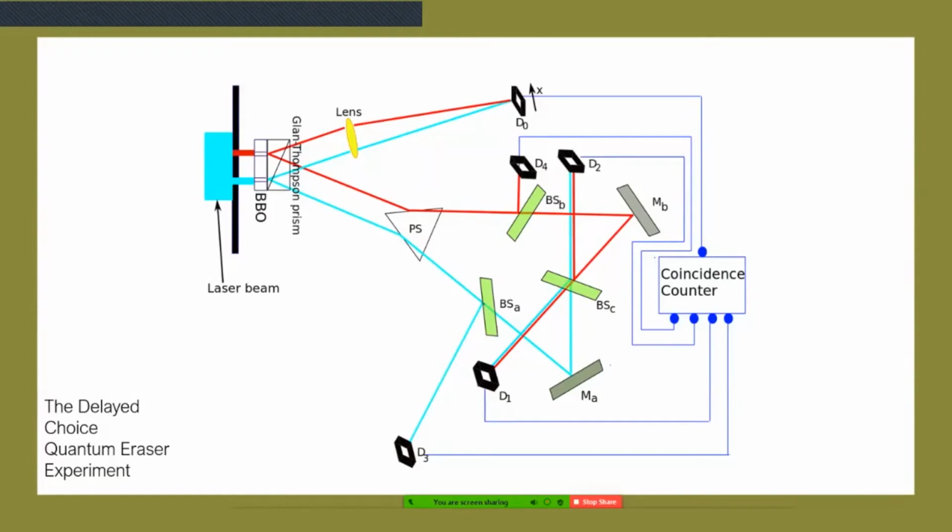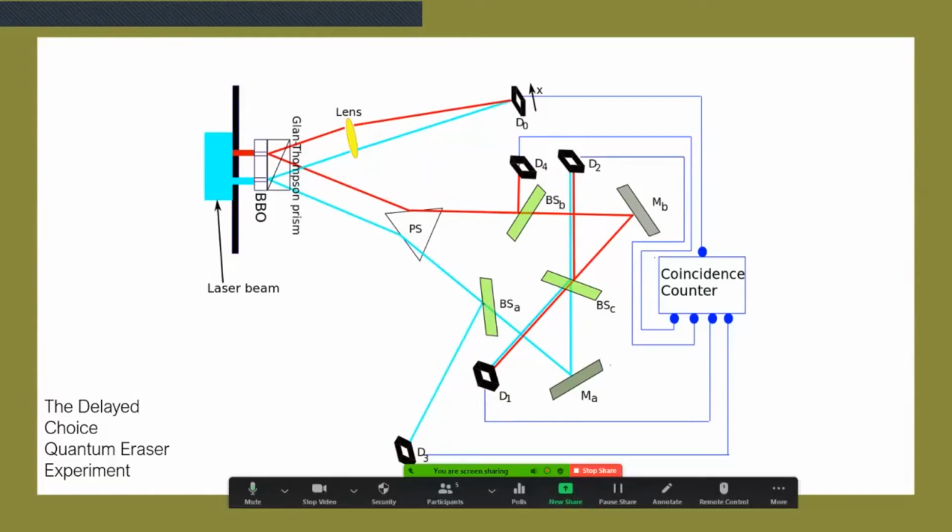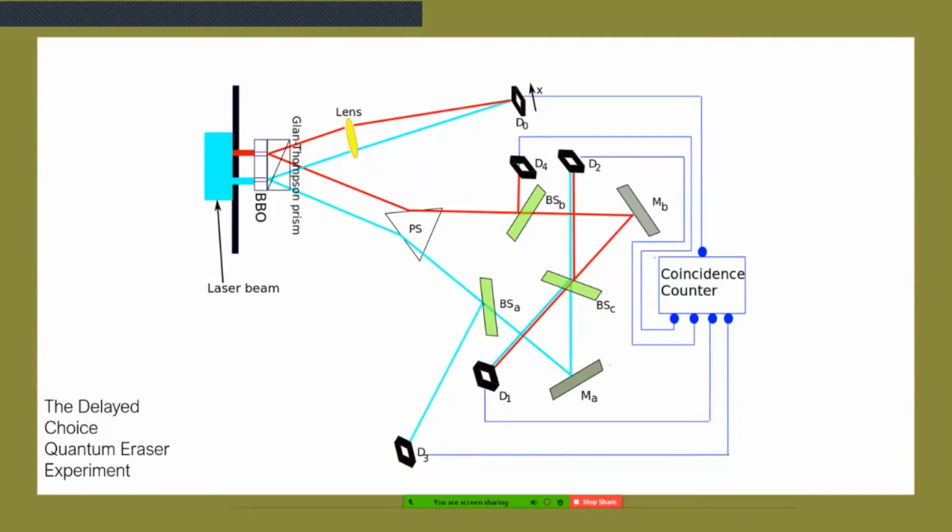But what I'm saying to you, and this is the important thing, whatever happens, D0 will always, and I mean after millions of experiments, always equal the same as what its entangled photon ends up as. So its entangled photon, by chance, will end up at D1, D2, D3, or D4.